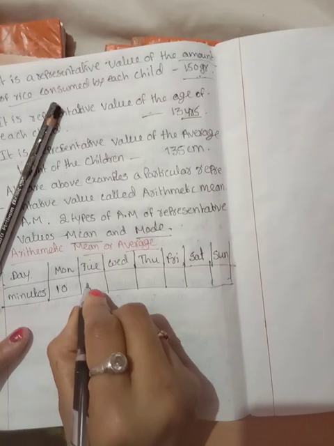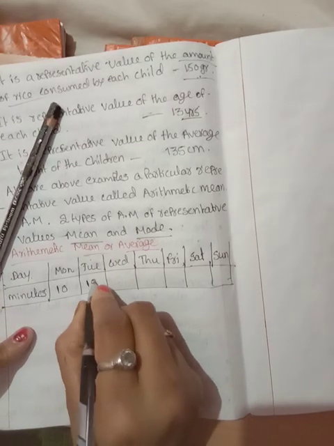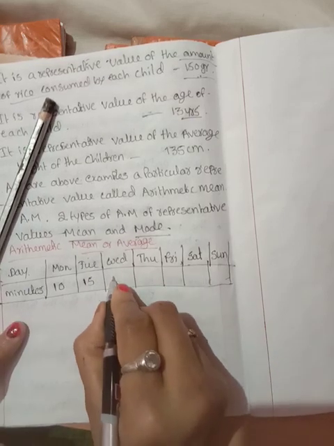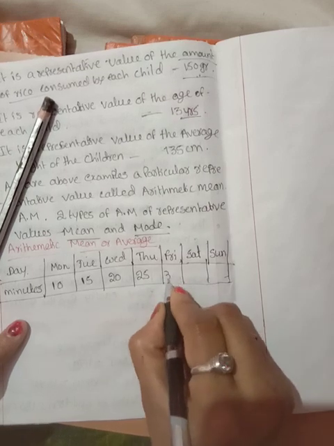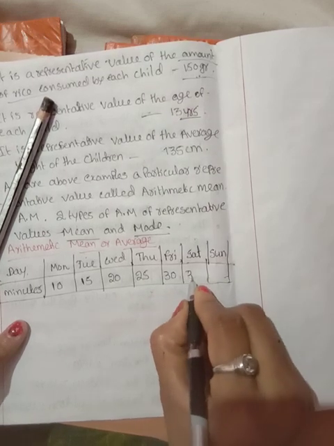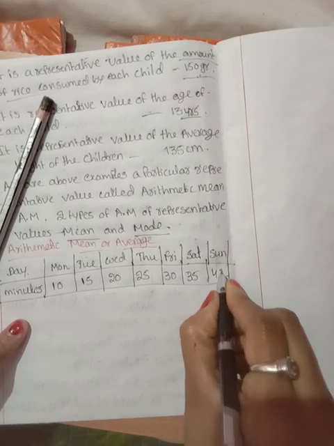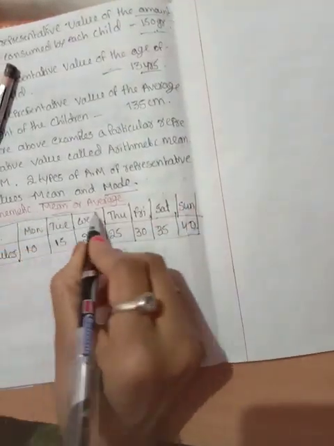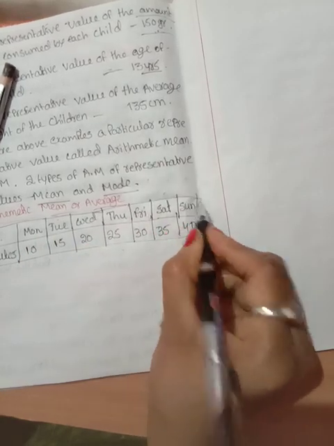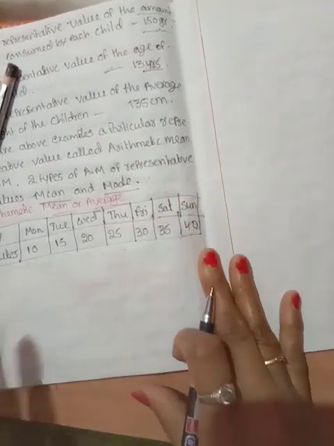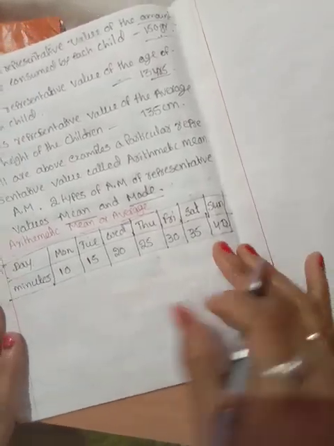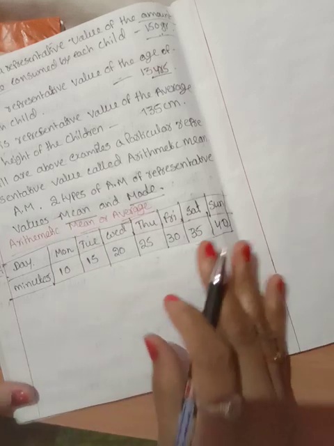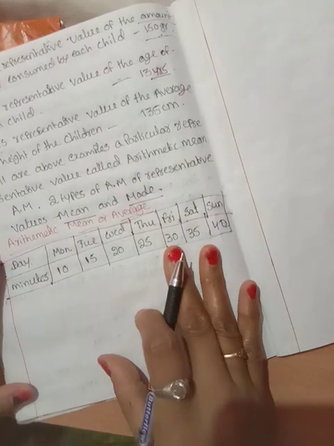Tuesday is 15 minutes, Wednesday is 20 minutes, Thursday is 25 minutes, Friday is 30 minutes, Saturday is 35 minutes, and Sunday is 40 minutes. These are the data. You can calculate this one, Gagan Sai, same problem with another data. Okay, you can understand this one for the week, Gagan Sai, neatly.